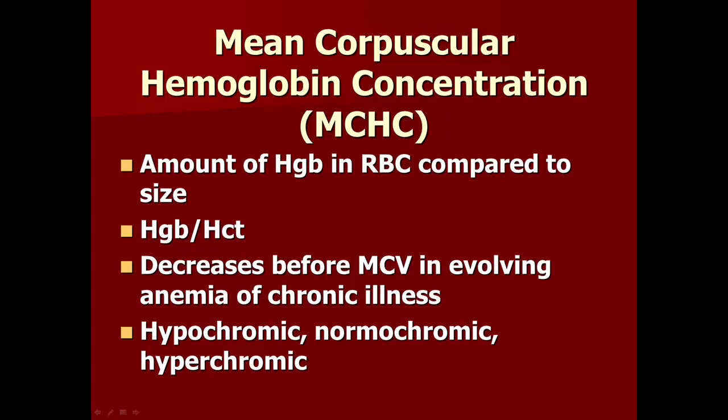If they have a very high MCHC, they would be hyperchromic, or if it's within normal limits, they would be normochromic. So as a result, you could have a microcytic hypochromic anemia, or a normocytic normochromic anemia. You can play with all of those.